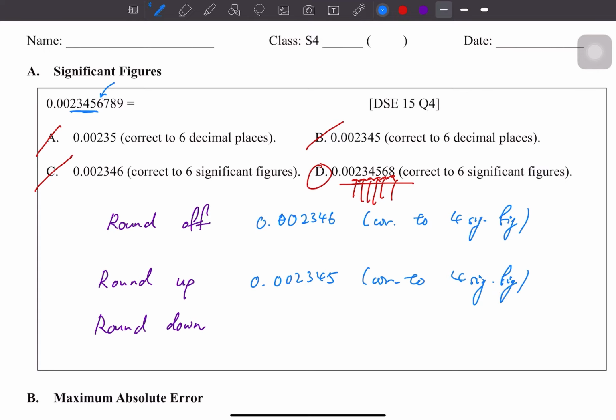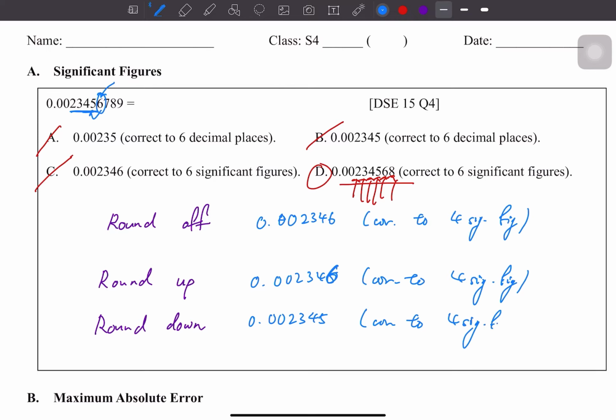How about round down? Although this number 6 is greater than 4, we need to round down. That means we do not need to add 1 for this one. So the answer is 0.00235. Correct to 4 significant figures.